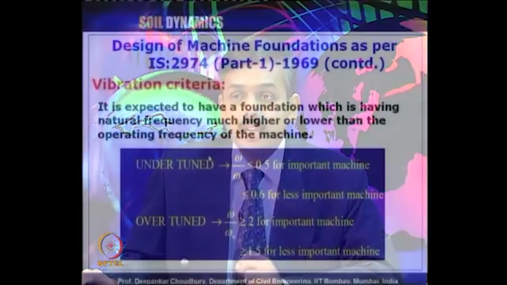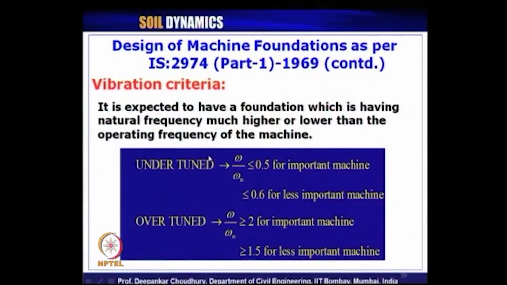So, the given input value of operating frequency decides whether you should go for the overtuned case or the undertuned case. For this, you have to go for overtuned design; you do not have any other choice.